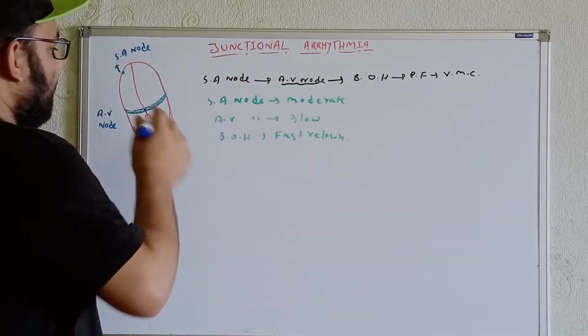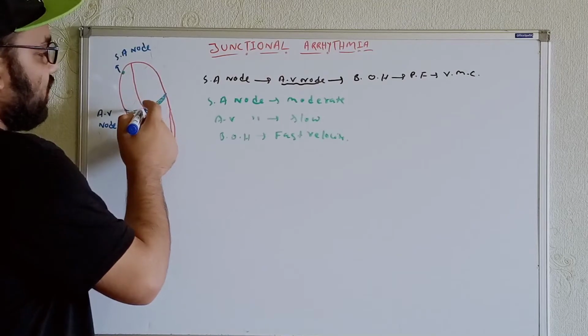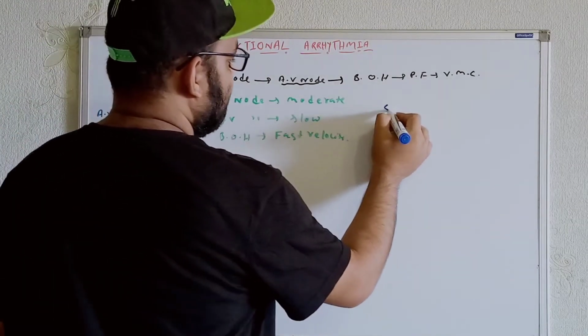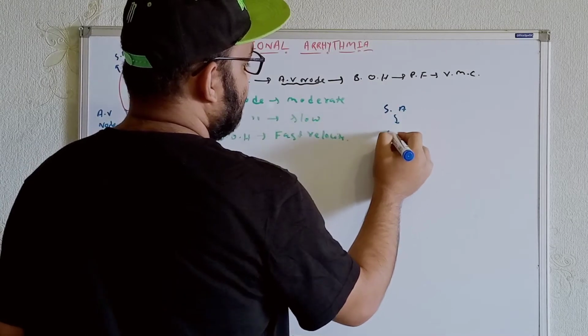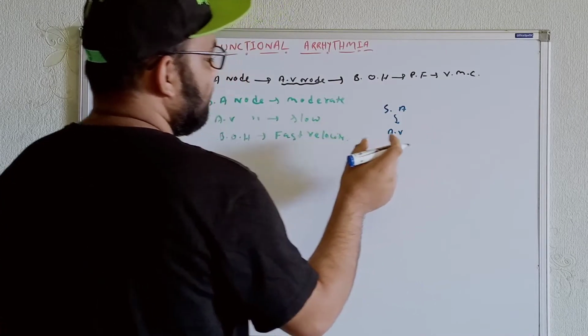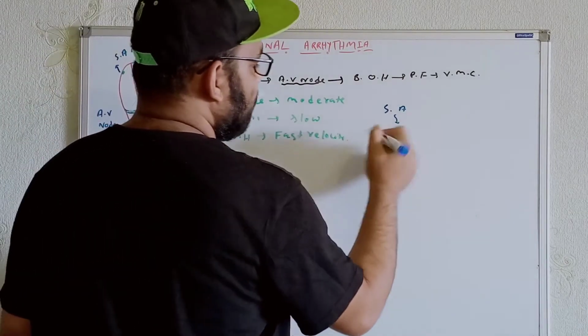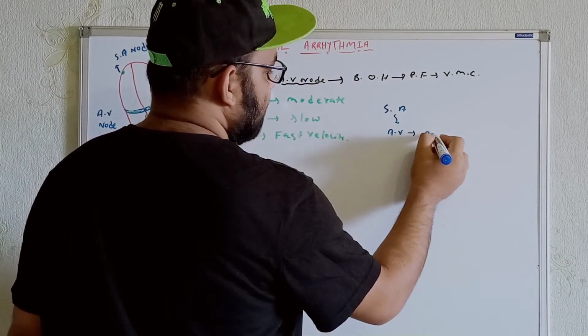Whenever the electrical impulse comes from the SA node, it will be held within the AV node for a while, for about 0.1 second.